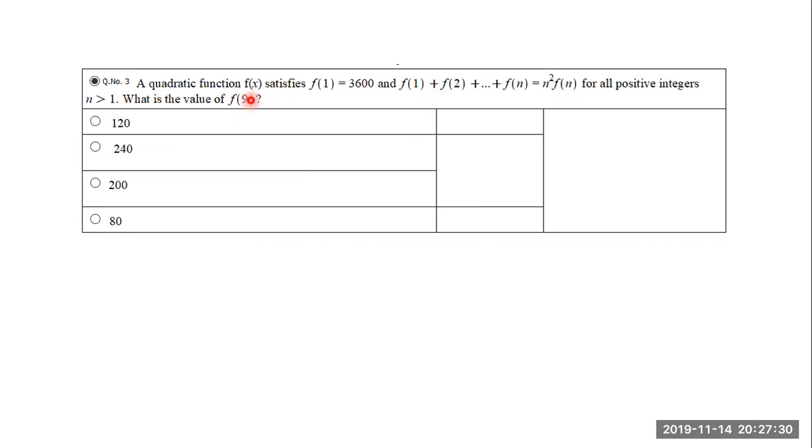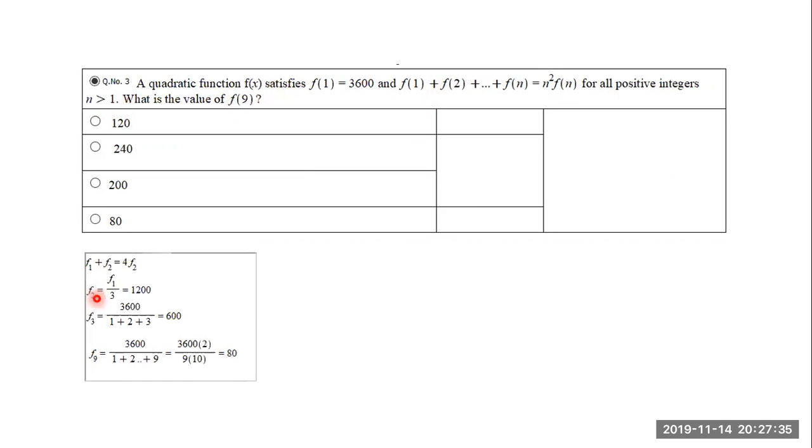For this, first of all, we will find out f(1) plus f(2). f(1) plus f(2) is equal to 4f(2), because 2 squared f(2) it is given. So substituting you will get f(2) is equal to 1200, which is 3600 by 1 plus 2.